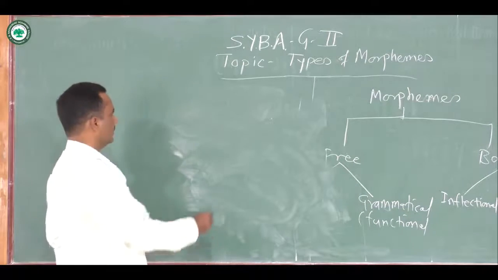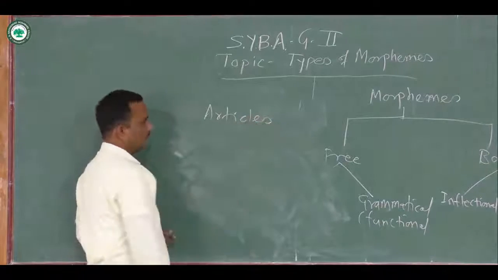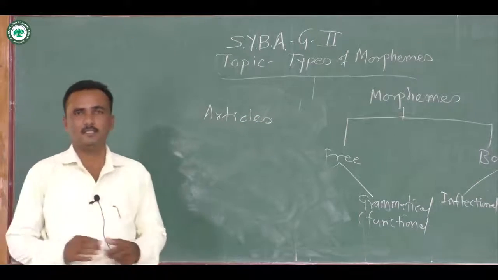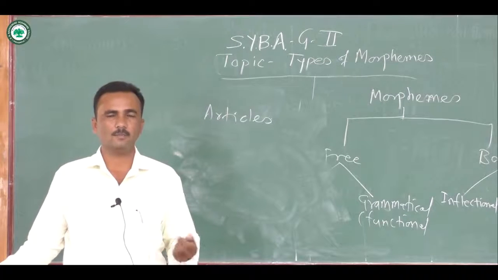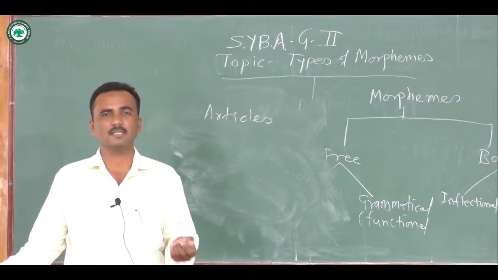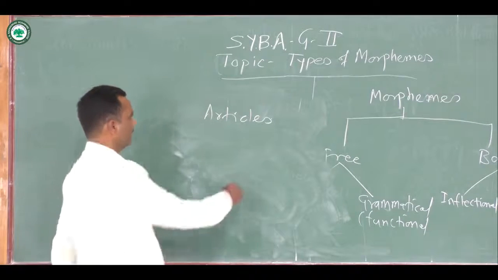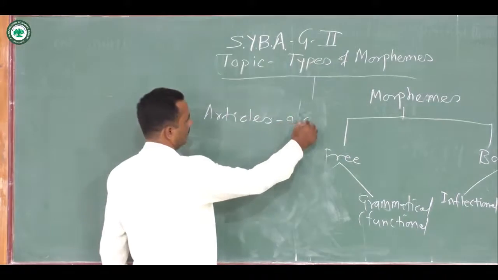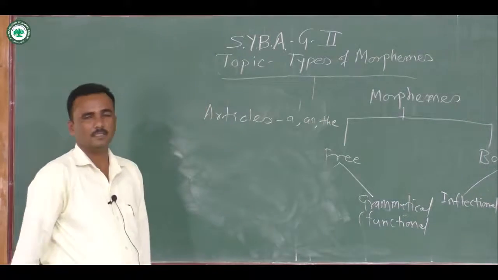For example, look at articles. English has just 3 articles. No more addition is there, and no fewer. Just a, an and the. These 3 articles are there: a, an and the.